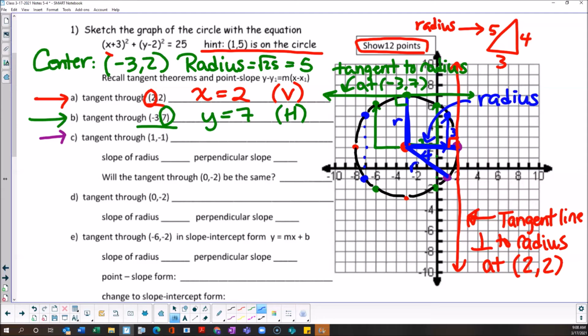So when I do that, if you notice right under C here, it has all the steps that I need to do. The first thing is I want to find the slope of the radius right here. So find the slope of the radius.